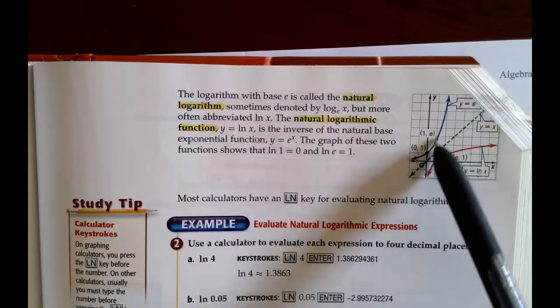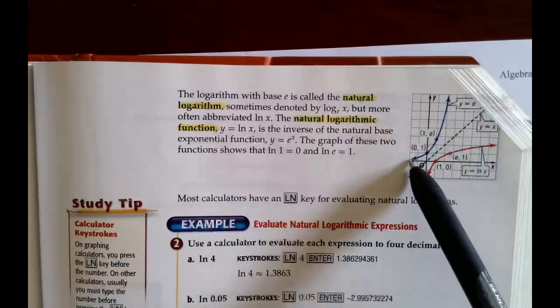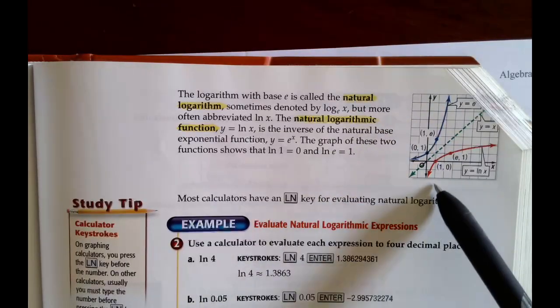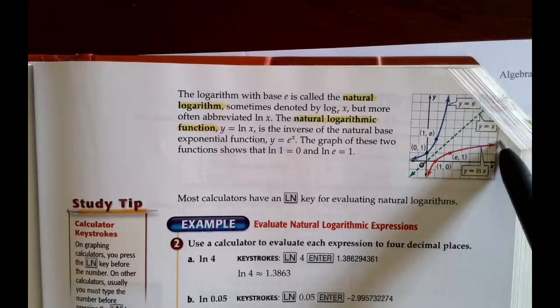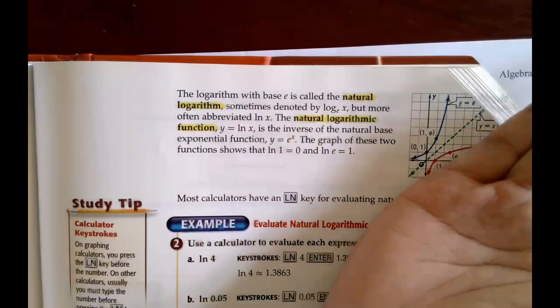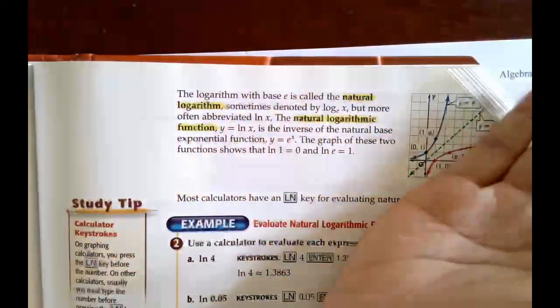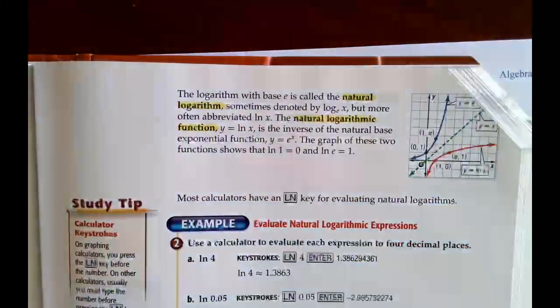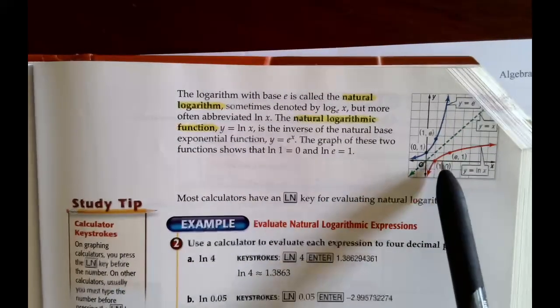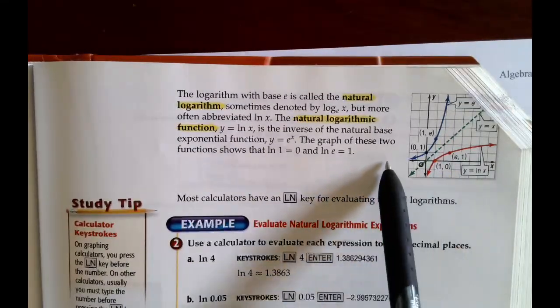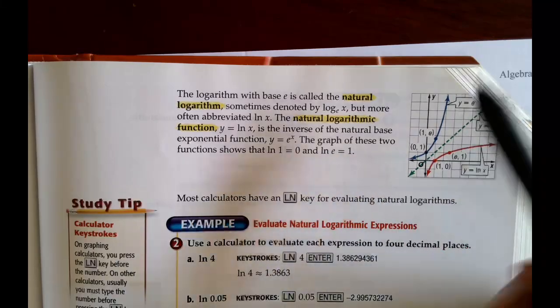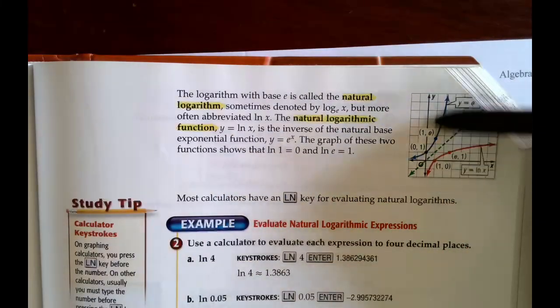So this is the natural base exponential function, and this is the natural logarithmic function. Note that they're inverses because they're reflected across y equals x. The asymptote changes: for the exponential it is the x-axis, but for the logarithmic it is now the y-axis.